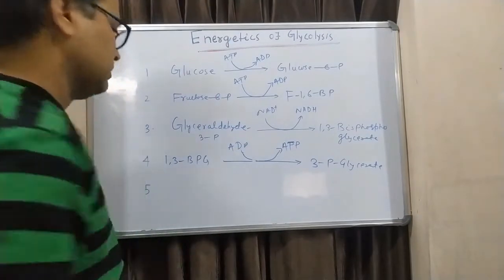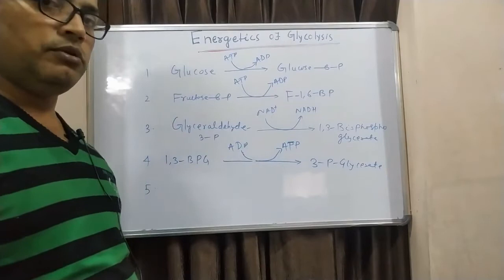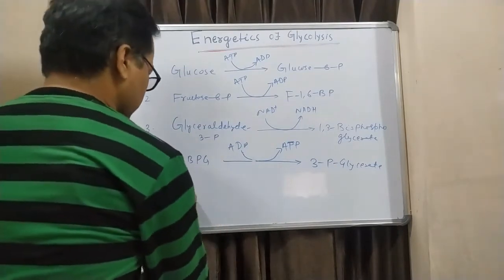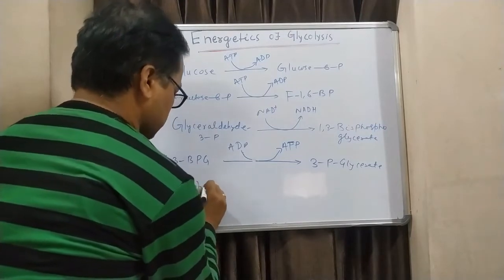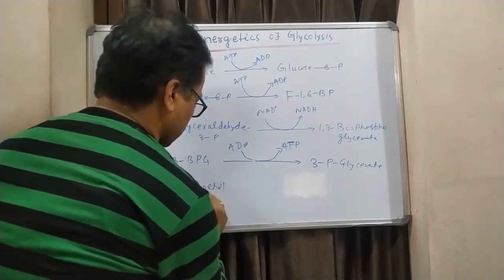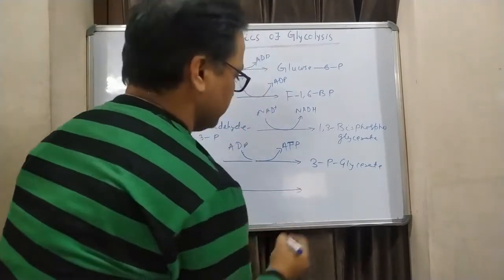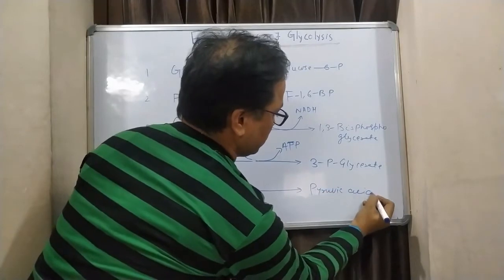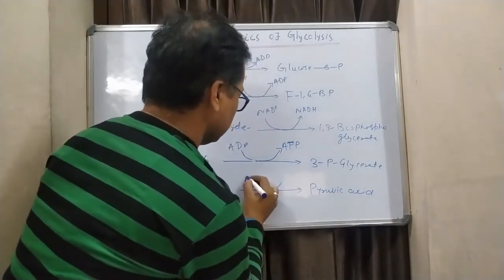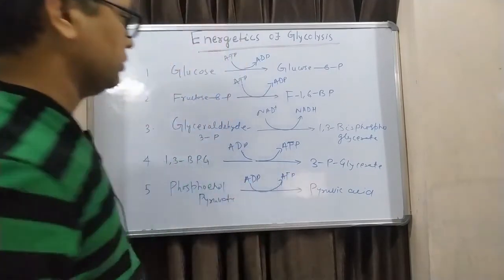And the fifth reaction where ATP or ADP is involved is where phosphoenolpyruvate is converted to pyruvic acid. There also ADP was involved and ATP was produced.